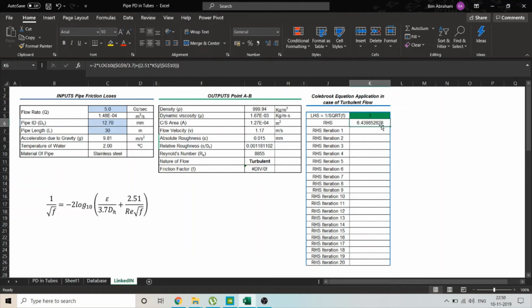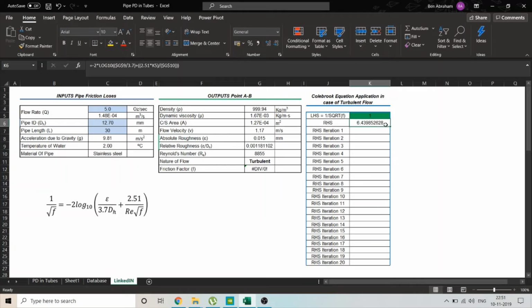So this value that I've got now is re-entered into this RHS. Now I go into my first iteration where I put my 1 by square root of f value not as 1 but as 6.4398. And then I resolve this equation, and when I resolve the equation, I get a new value.